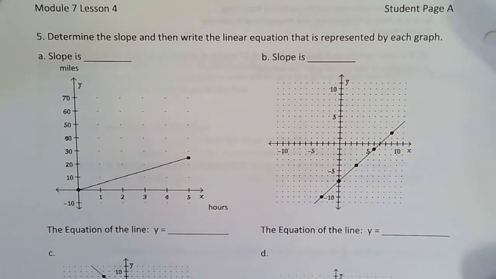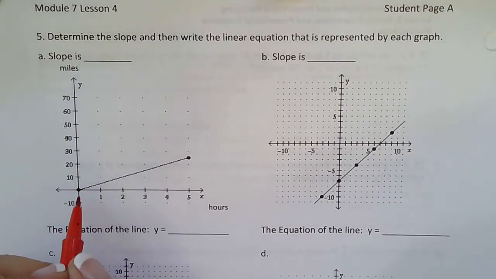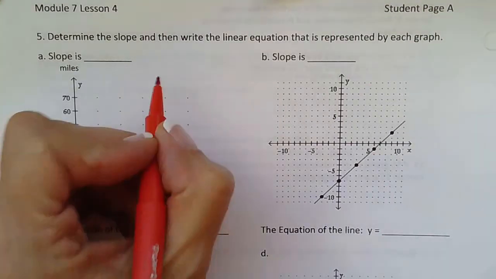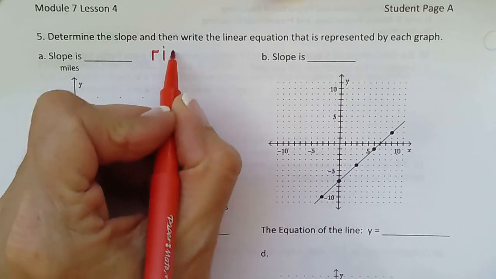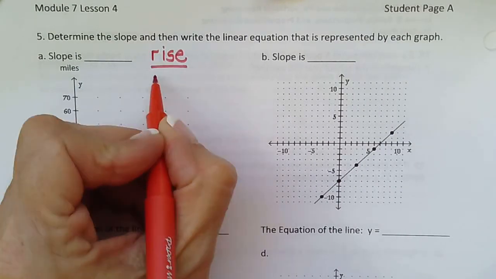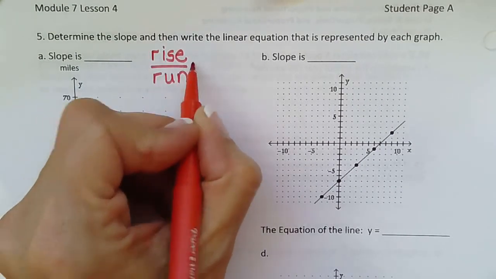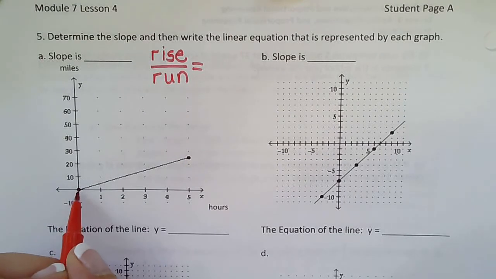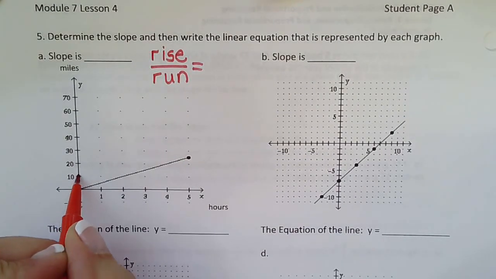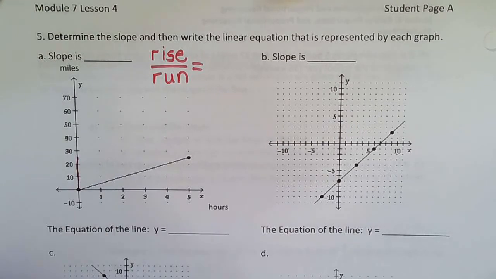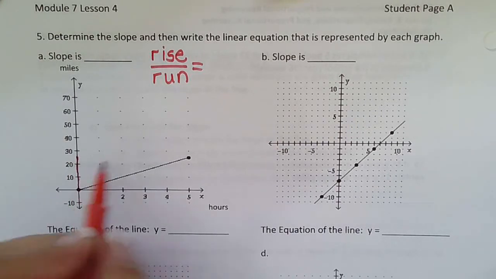Sorry about that. Okay, so the slope. So we have to do rise over run. So let's write that right here. Rise over run. So we're rising. Remember, we always start at the left-hand point. Rising, what is it, 25? Because it's right in the middle.